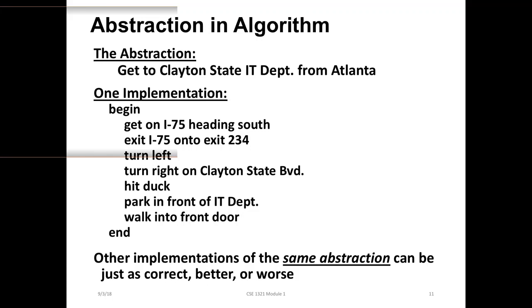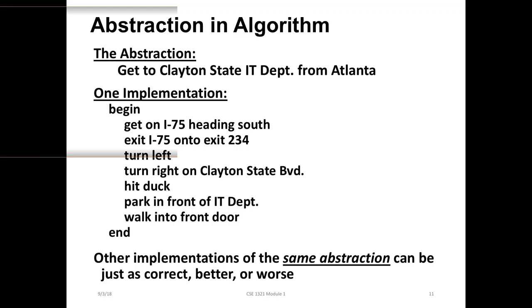So now we have to think about why abstraction is needed in algorithms. Because if a computer doesn't follow the rules correctly, it can take you to a different task that you didn't want.